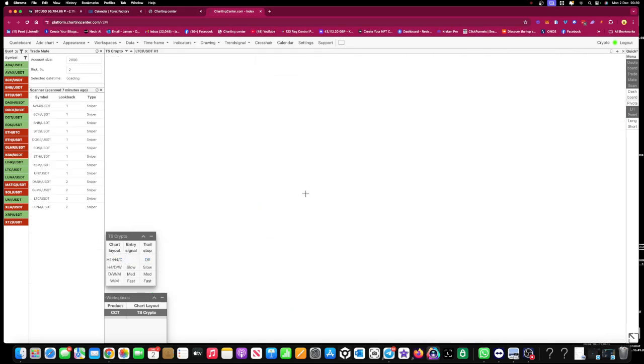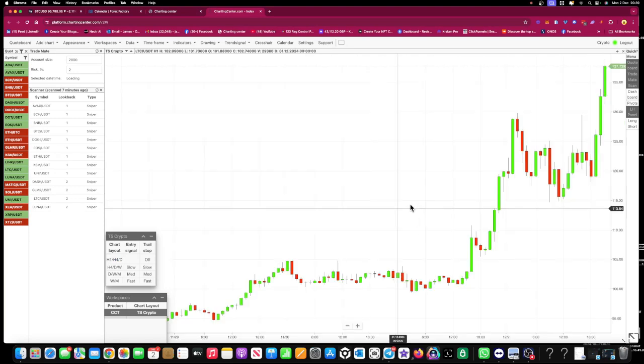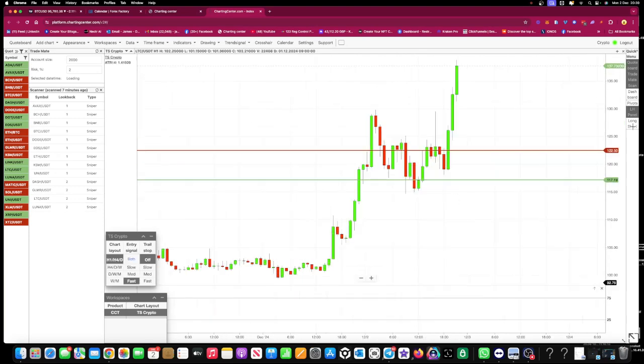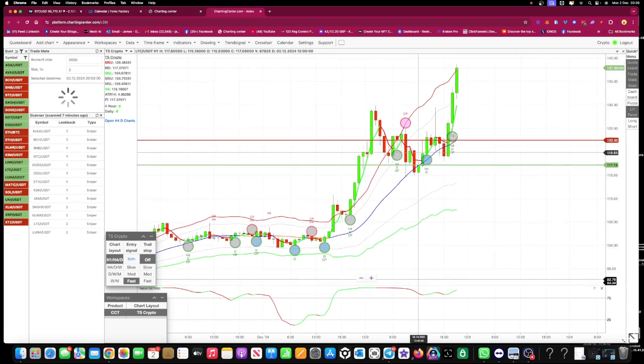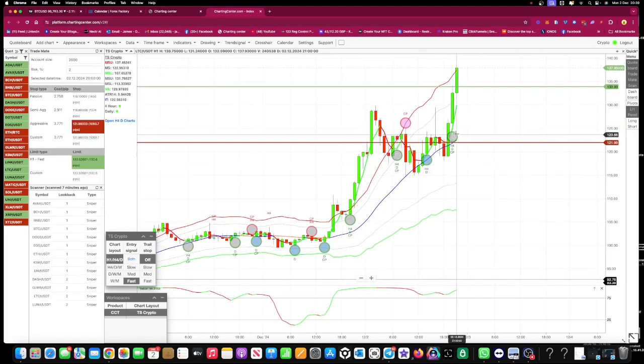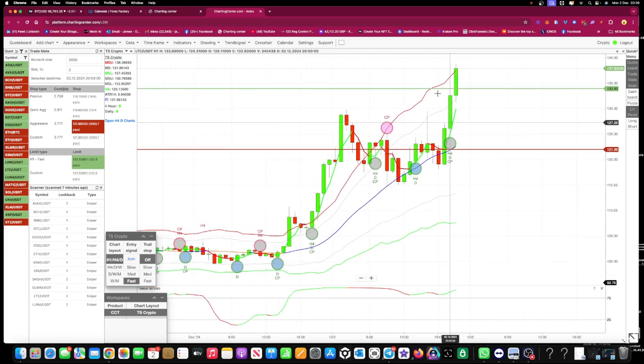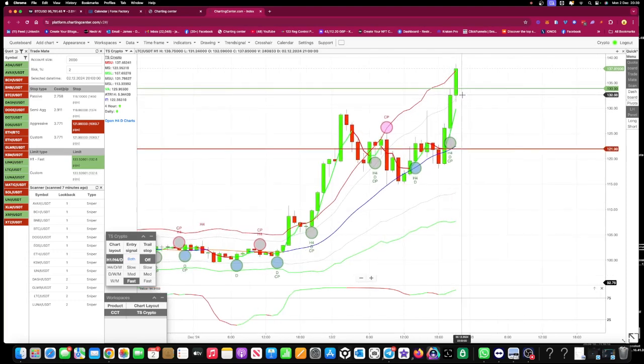Litecoin. Oh, nice move on Litecoin. Now that would have been a beautiful trade. But you say a beautiful trade, but look where this big bar, the entry point would have been here.